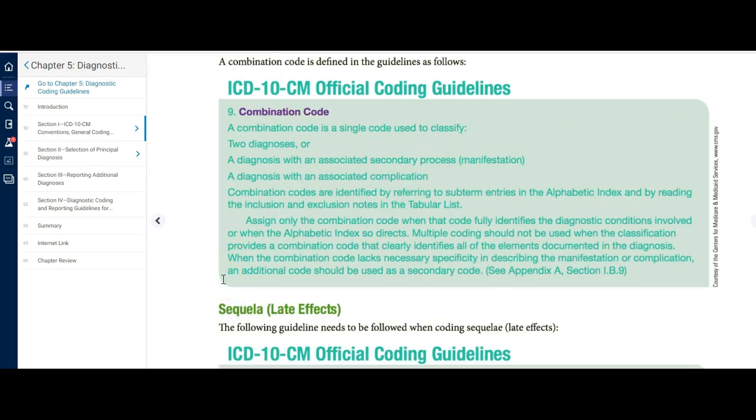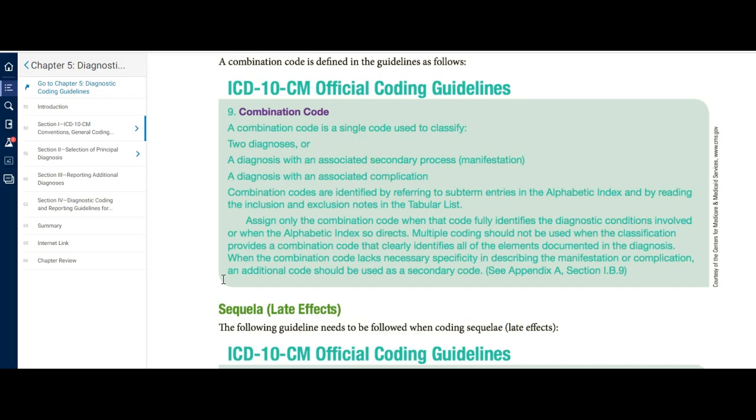Now, if it's a combination code, then the most important thing to remember is you can't use two codes if it's a combination code. So if it's asking for something that's the right and left, and you're trying to code it right and left instead of this one code that's for bilateral, you're going to be in error.